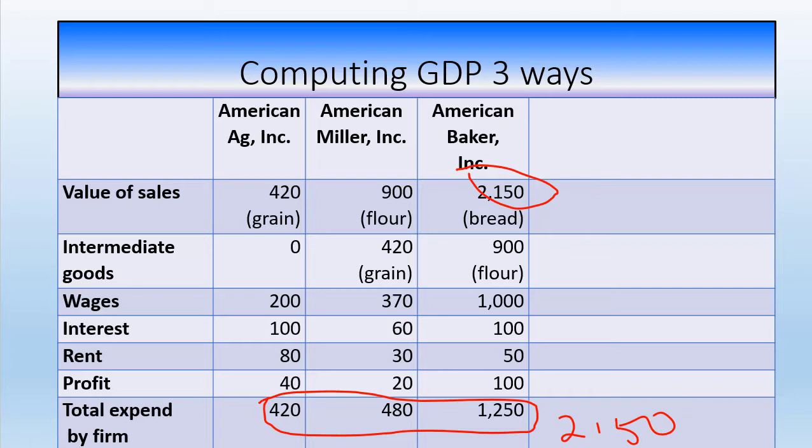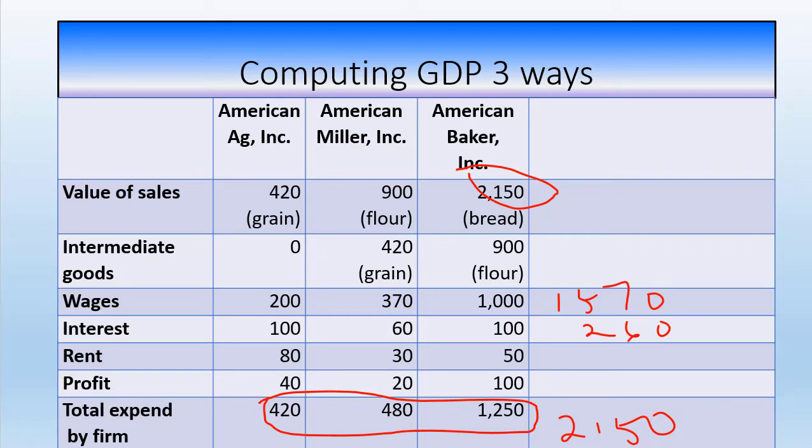Now, another way to look at it is income. So each of these organizations paid wages, interest, rent, and profit. That's income to somebody. So if you look at the wages, for example, 1570, if you can read that, I'm adding across the row there, $1,570 was the form of wages that went to labor, and then $260 went to interest, and you can see that $130 went to rent, and $160 went for profits, and that adds up to $2,150.